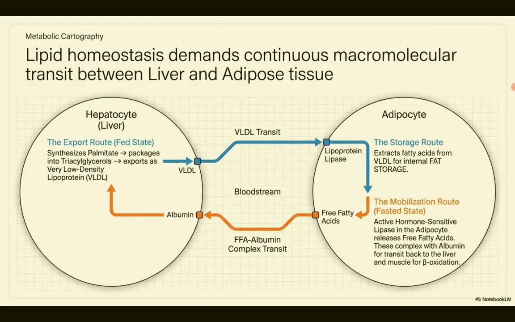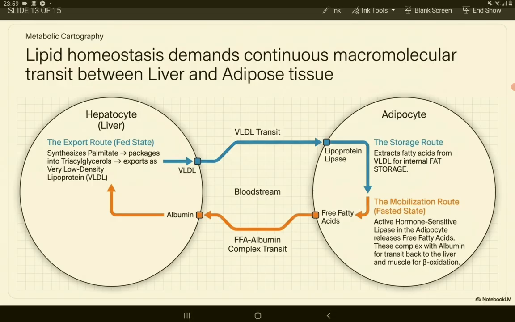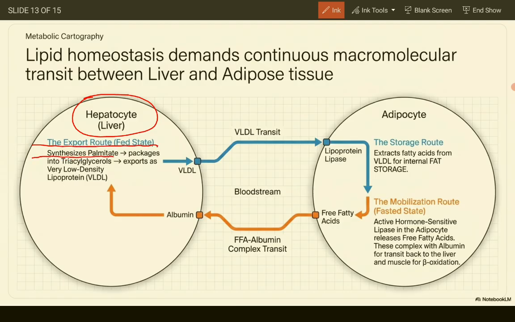Now, lipid homeostasis demands continuous macromolecular transit between liver and adipose tissue. This is a hepatocyte cell of a liver. The export route in the fed state is that it synthesizes palmitate, packages it into triacylglycerols and exports it as very low density lipoprotein, VLDL.